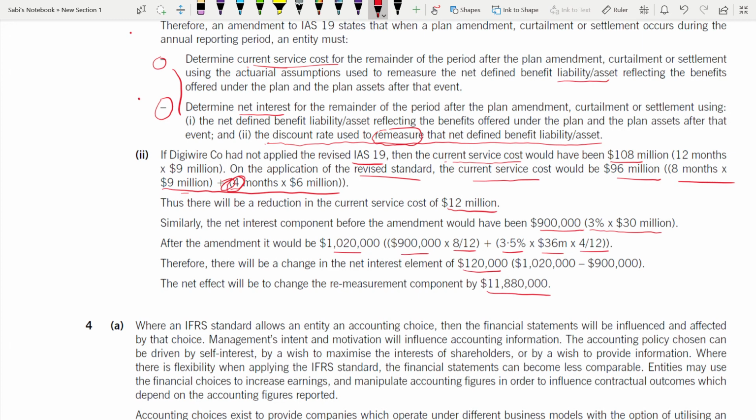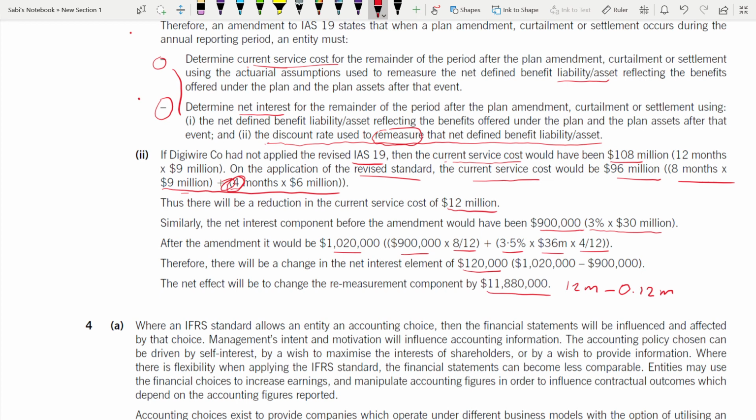How are you changing it? Because your current service cost reduced by 12 million, net interest increased, right? So 12 million minus 0.12 million, or 12 million minus 120,000 is 11,880,000, right? 11,880,000.